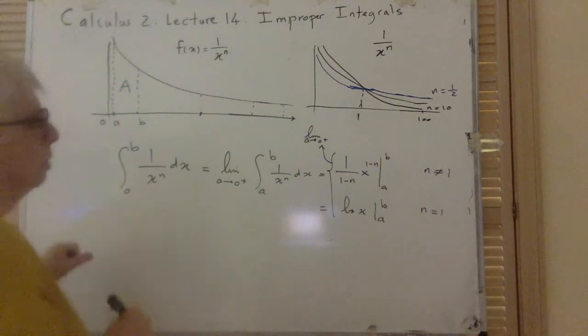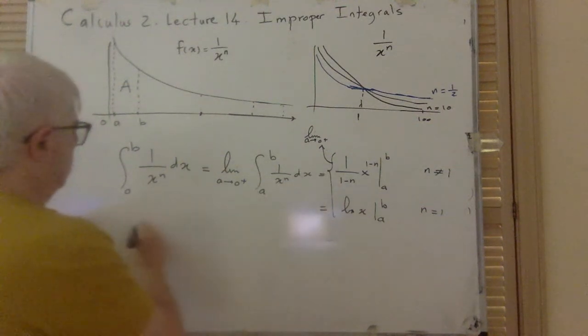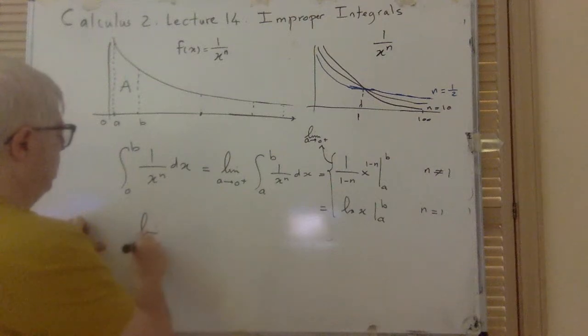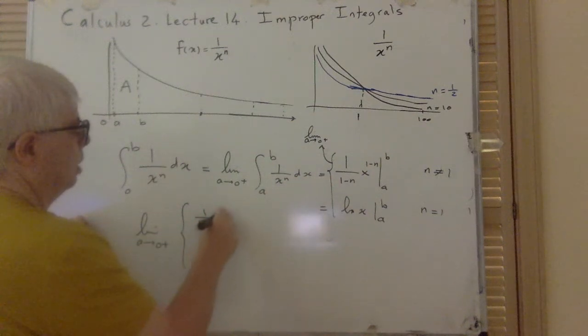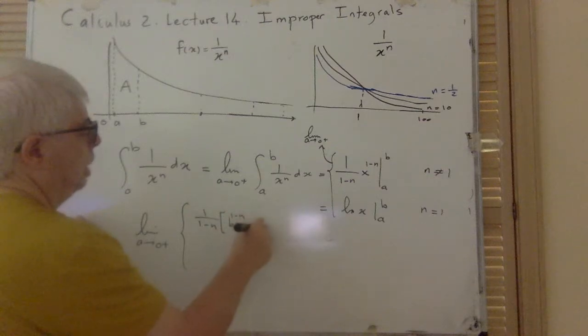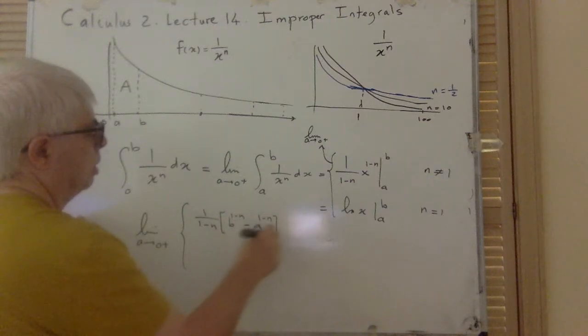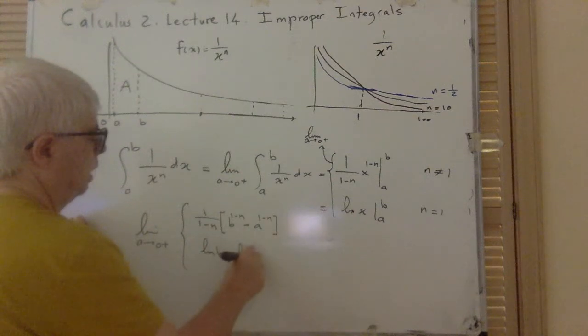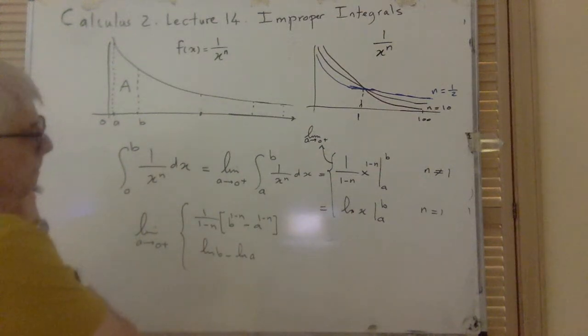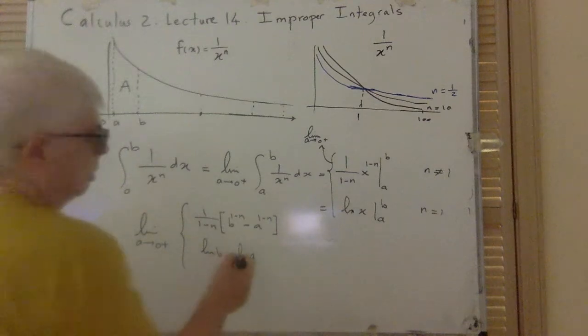So let's see. This one is again the limit as a goes to 0 plus of 1 over (1 minus n) times (b to the power 1 minus n minus a to the power 1 minus n). And this one is ln of b minus ln of a. Okay?